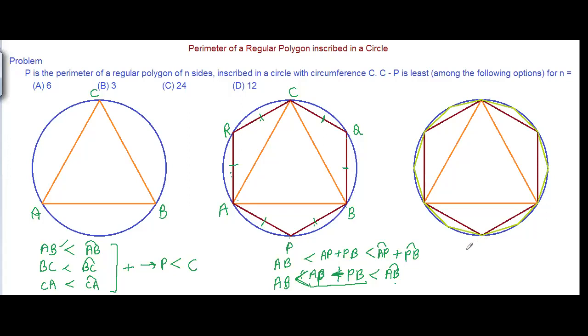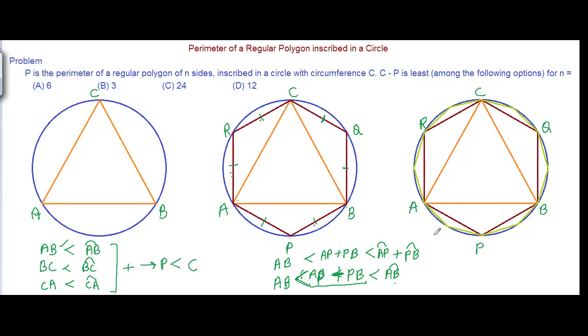Then we proceed to the last diagram. In this diagram, again we have the triangle ABC and the hexagon APBQCR.